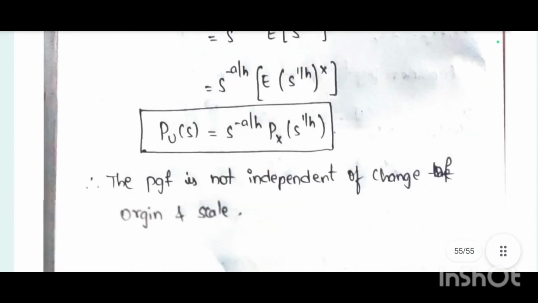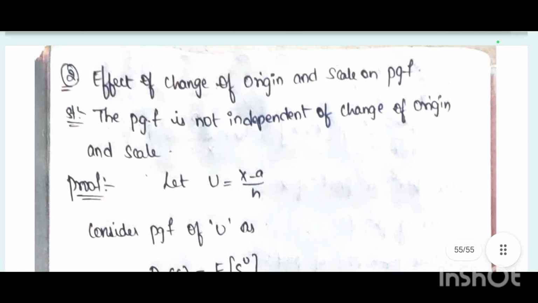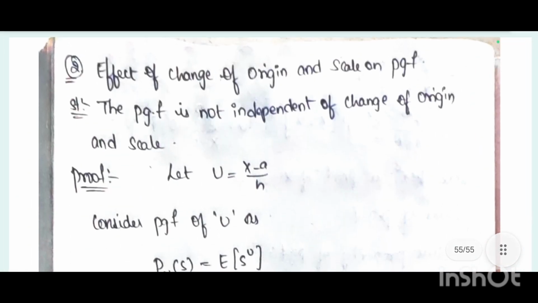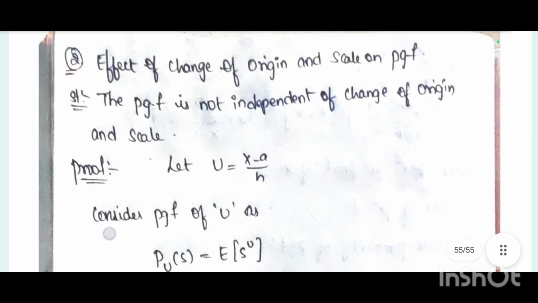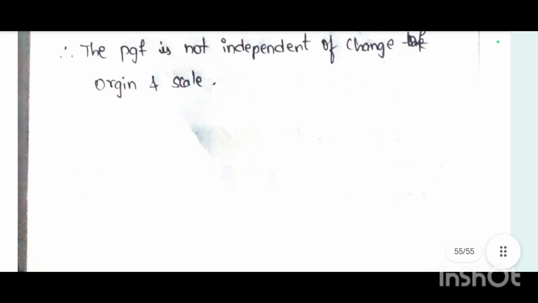Next, if you see the effect of change of origin on the probability generating function, by letting the same substitution, u equal to x minus a divided by h. Pu of s is equal to the expected value of s to the power of u.